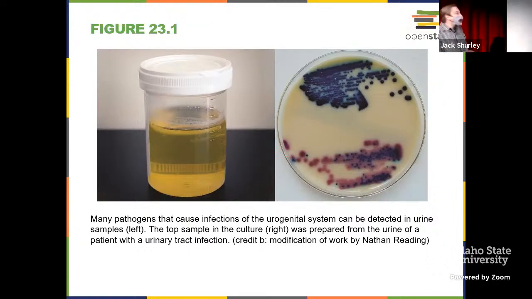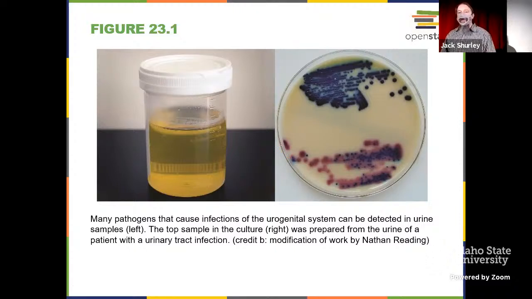So these loops are typically disposable plastic loops, and they're calibrated. They're a perfect little circle that's calibrated to deliver a microliter of solution, in this case, a microliter of urine. So there's a finite amount of specimen that's been deposited onto the plate.